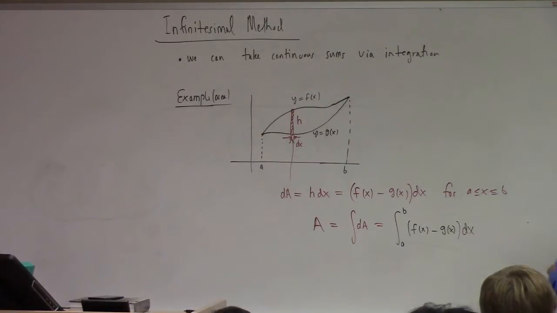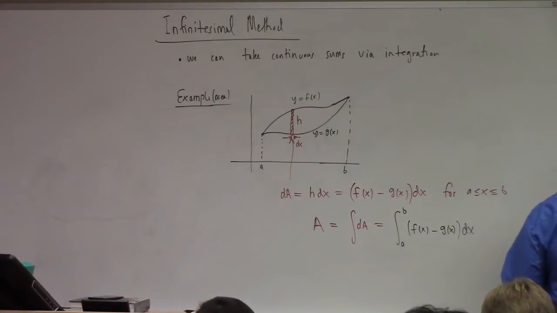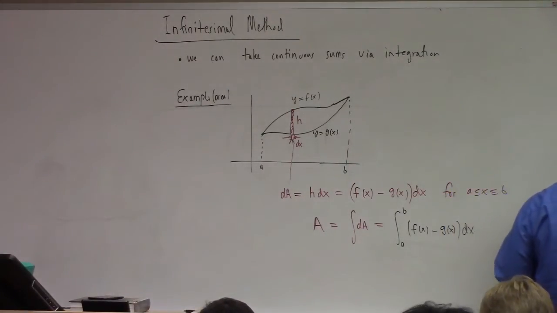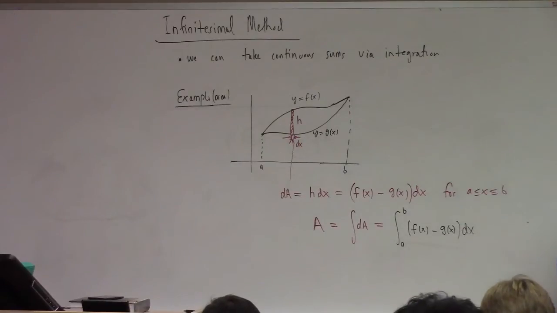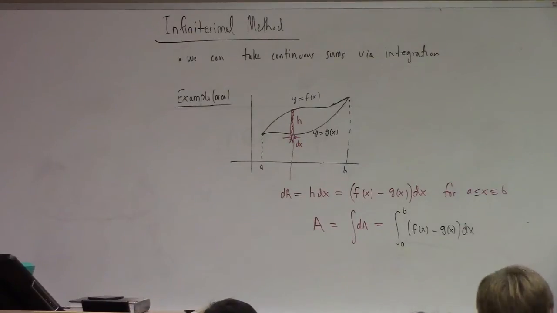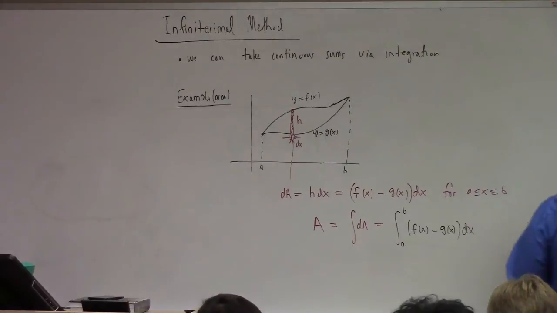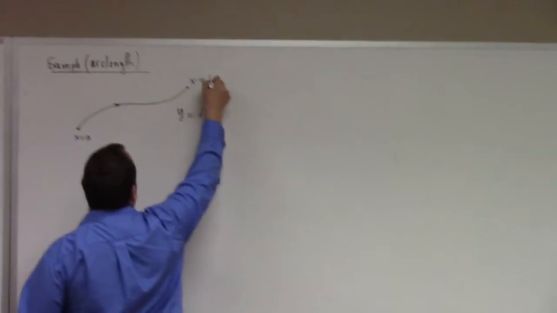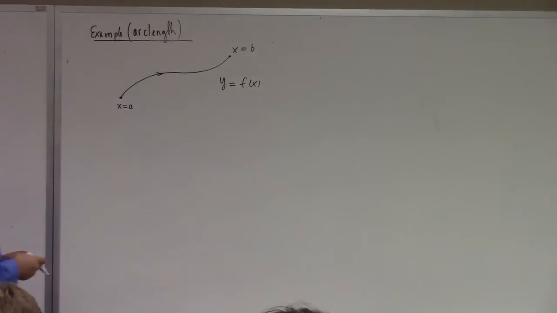Suppose you've got a curve like this, whatever. And at the moment we're supposed to think about functions, so I'll say y equals f of x, and it's going from point x equals a over here to x equals b. What's the length of this curve?